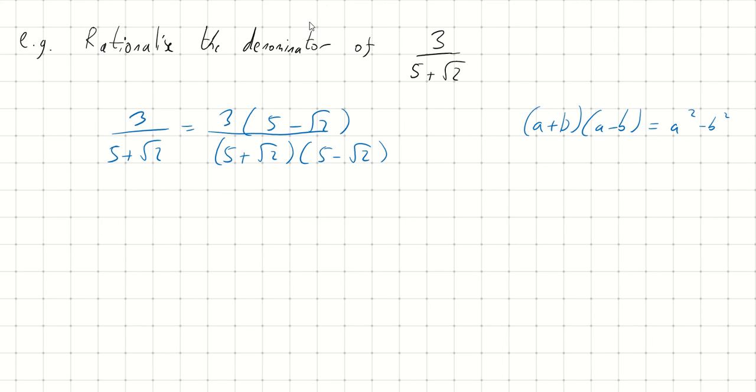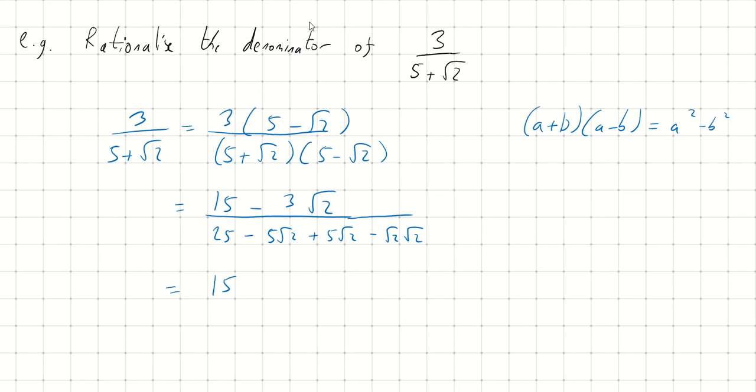So the top of this fraction, if we multiply the brackets, is just 15 minus 3 root 2, and the denominator we can just do by multiplying out brackets, FOIL. So we get 5 times 5 is 25, outside's 5 times root 2 is minus 5 root 2, inside's plus 5 root 2, and our last is minus root 2 times root 2.